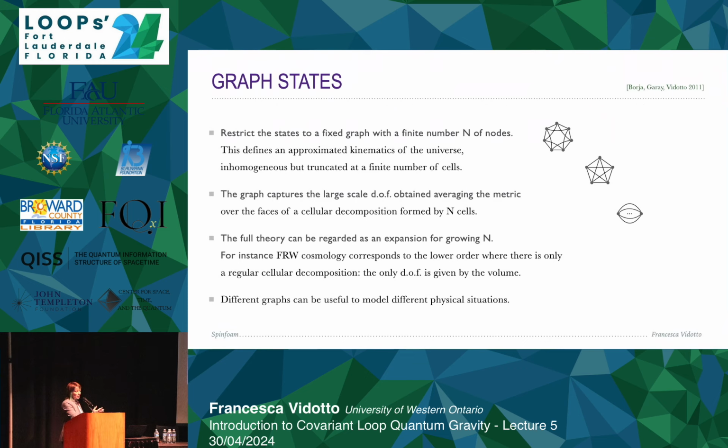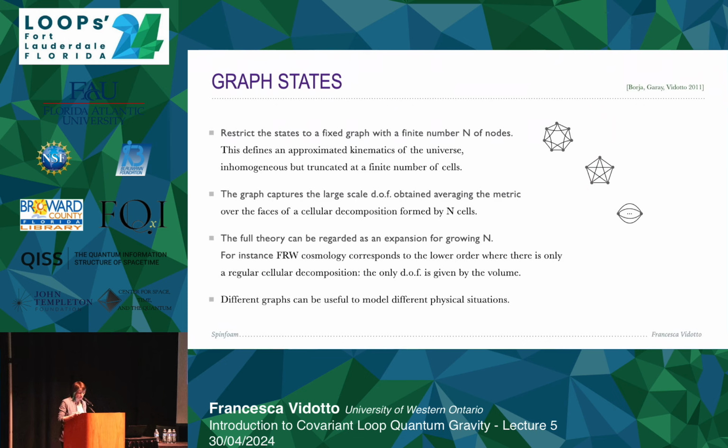We can triangulate it in the most regular way, and this corresponds to taking five tetrahedra glued together. That means you have a graph like this one. For each node I have a tetrahedron. A tetrahedron has four faces, so each face is glued to one of the other tetrahedra. A simple graph like this could already be a very nice truncation of my theory if I wanted to do cosmology.